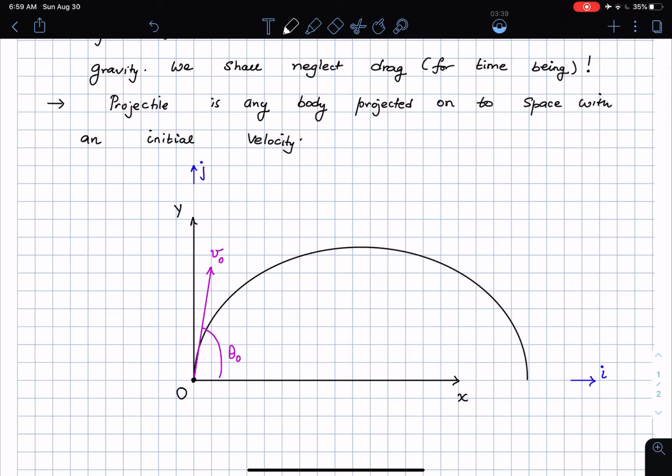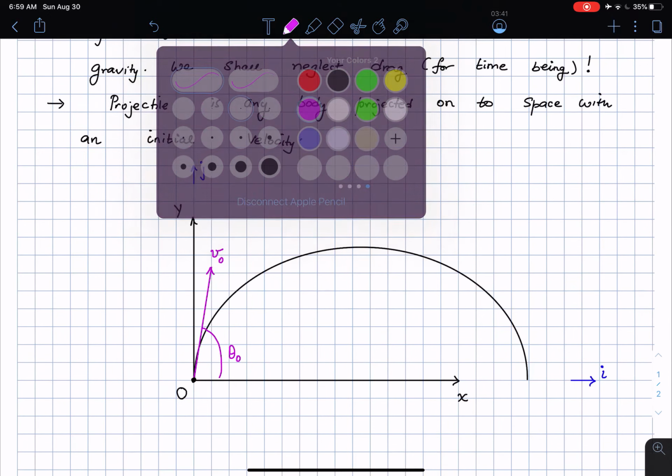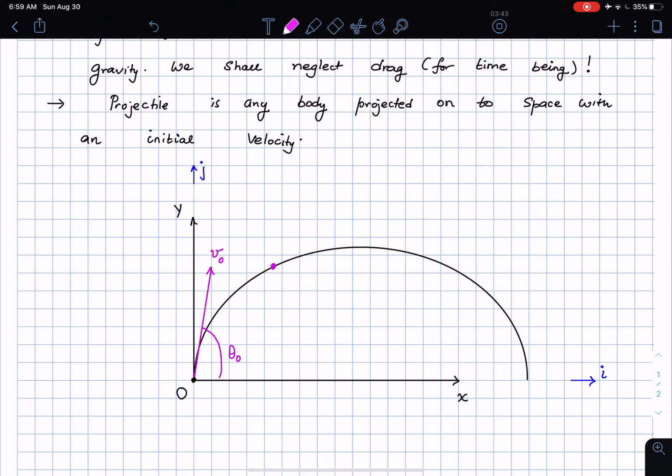Now at any point on the trajectory of the particle, if I draw the velocity vector, for example here, that's going to be tangent to the path of the particle. If I draw the velocity vector at this other point, that's also going to be tangent to the path at that point. So this is v at some point in time, this is v at some other point in time. At any point, I can look at the x and y components of v, as you know from basic Cartesian coordinate frames. I'm going to have a y component and an x component.